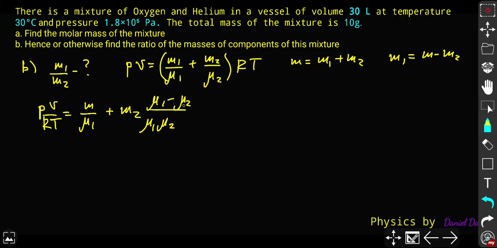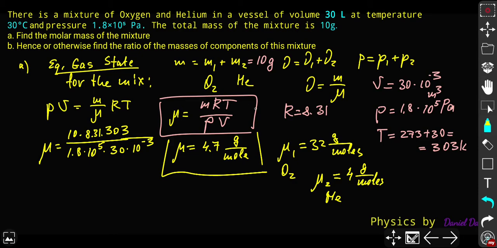Okay, so we express, and right now what we're gonna do, we just need to probably, instead of PV over RT, use molar mass, because right now we know that molar mass is M times RT over PV, just what we expressed before, it's right there.